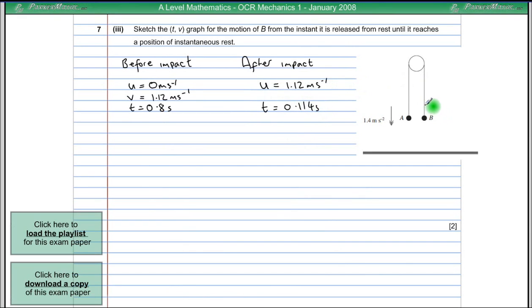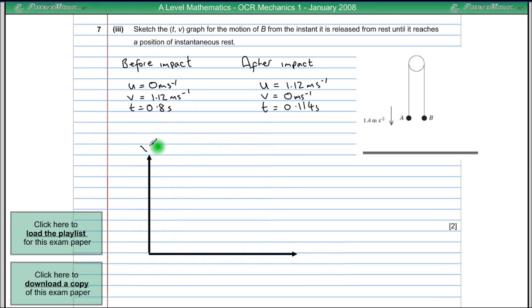We also know that when B is at instantaneous rest here, it's when it's at its highest point. At that point, V is going to be 0. So now we can go ahead and draw our velocity time graph.